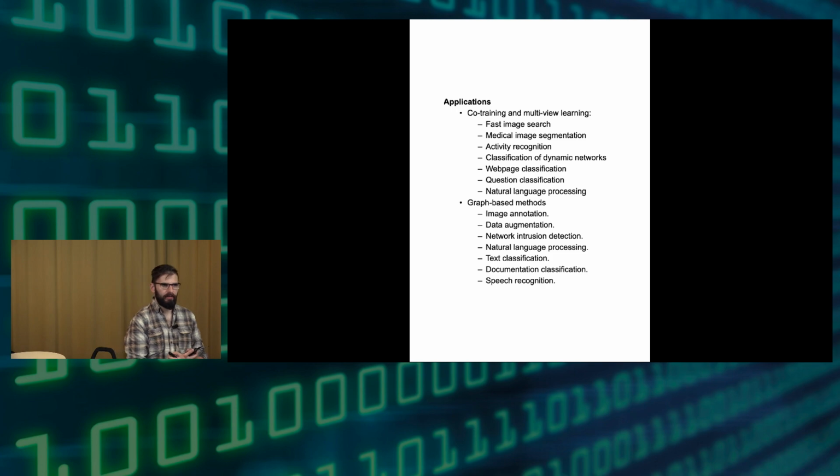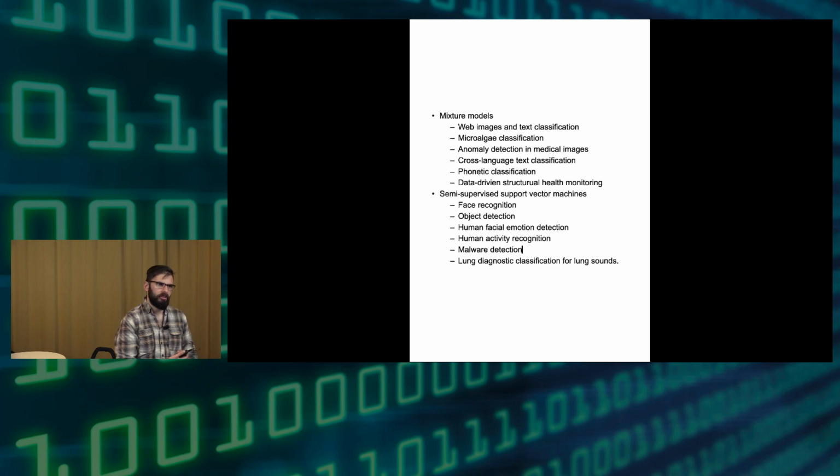And here again, we have very different applications. For example, co-training can be used for a lot of image applications, medical image identification, also activity recognition and classification of dynamic networks, web pages, natural language processing. Graph-based models are also very popular on images and text, of course.